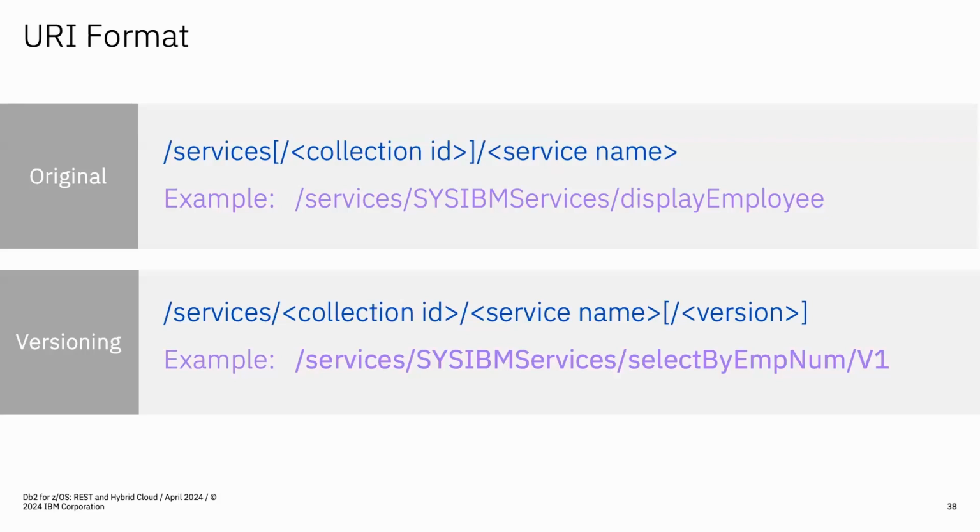Now let's say you've enabled versioning, that URI changes slightly. The collection ID is no longer optional, you have to include that, and at the end of the URI is where you have your version ID. That is optional, it will default to what you've specified the default to be. So it could be V1 or whatever you decide to name the version ID.